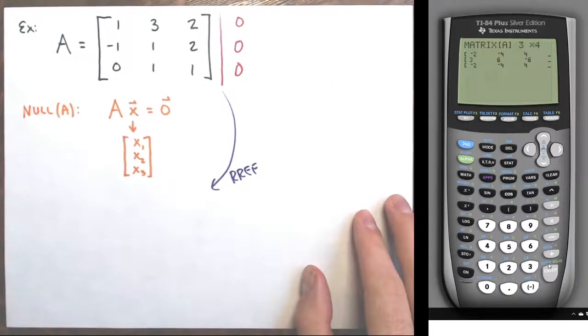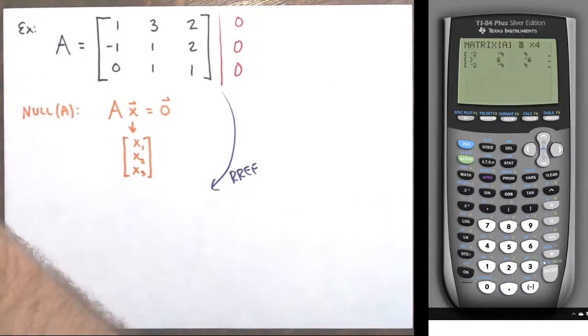You can put it in if you want, make it a 3 by 4, but I'm just going to do matrix A, 3 by 3. I enter the size, then enter the entries. The first row as 1, 3, 2. Second row as -1, 1, 2. Third row has 0, 1, 1.